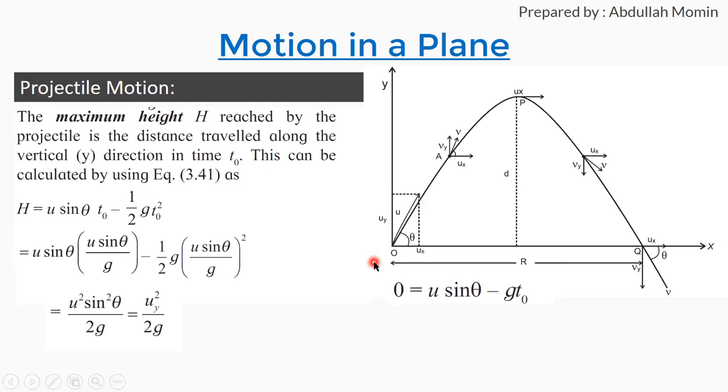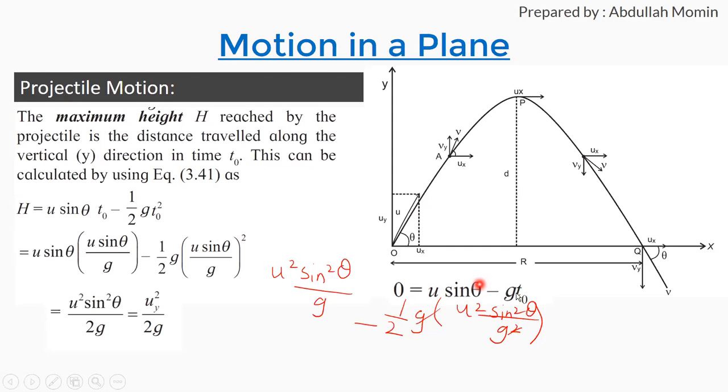So this g and this g will get cancelled. Now what is remaining here? The remaining term is u square sin square theta by g minus u square sin square theta by 2g.